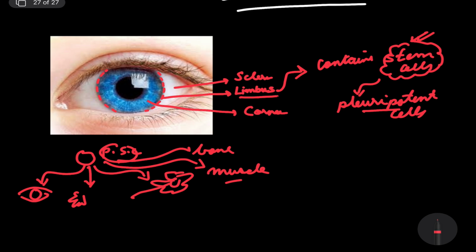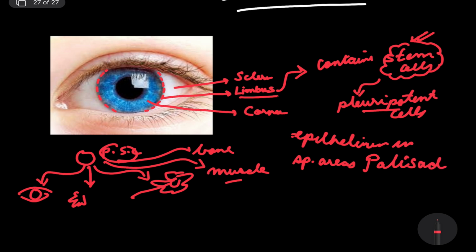The limbus, this junction between sclera and cornea, has stem cells, which means they have the ability to differentiate. Where exactly are the stem cells present? They are present within the epithelium, in the limbus itself, in specialized areas called palisades of Vogt.